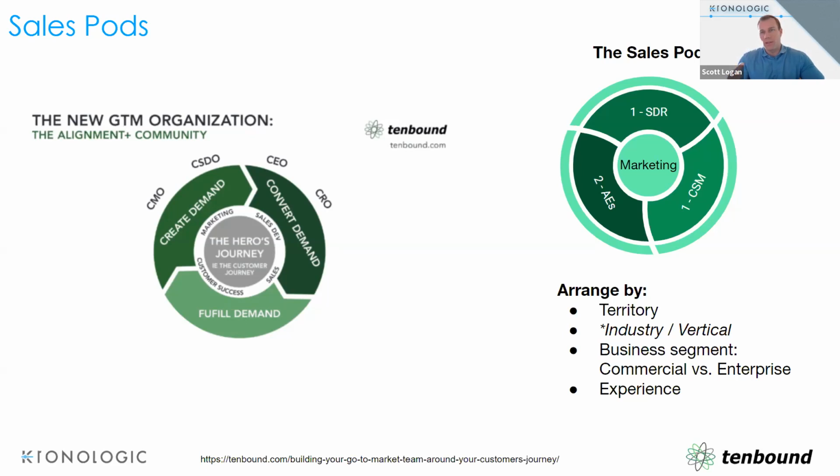And when you have this, as you can see here on the right, the sales pod, where marketing is overlaying everything and kind of feeding the beast, if you will, you have one SDR aligned to 2 AEs, and then that CSM is either a pooled CSM or an assigned CSM based on the industry or business segment.